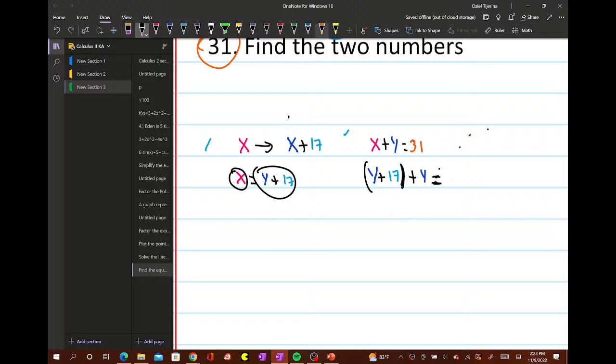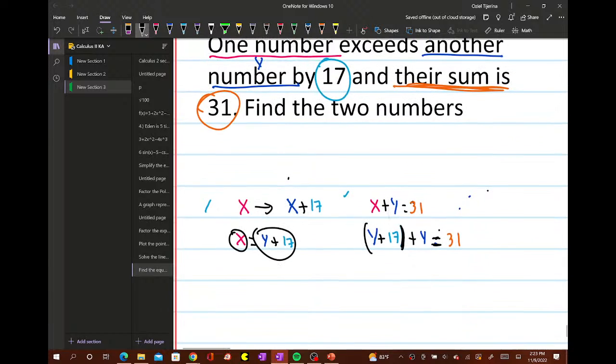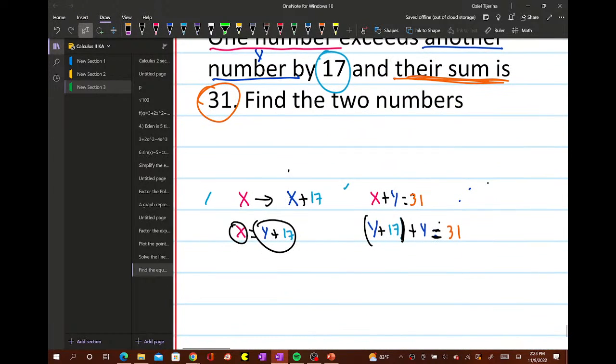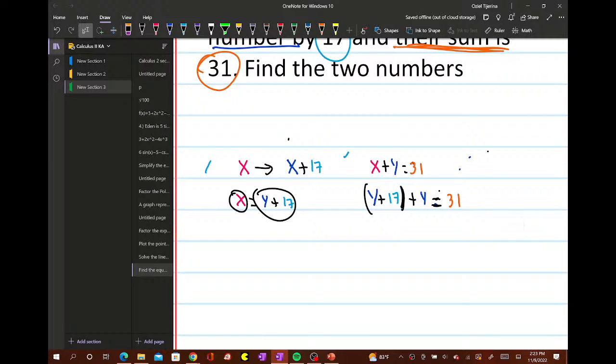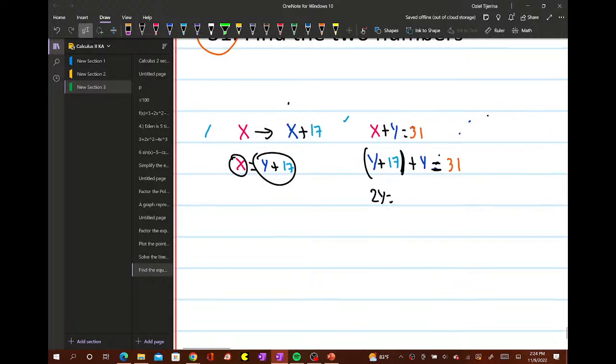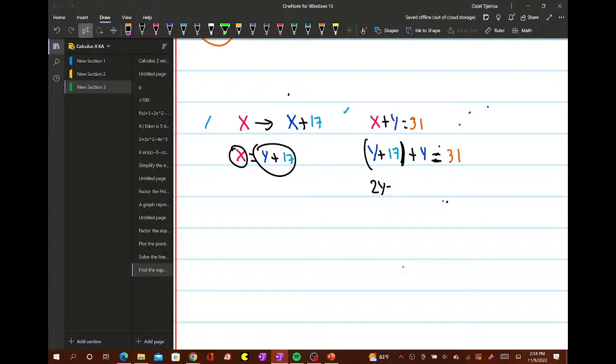And then it says find the two numbers, right? So we know that 2y plus 17 equals 31.